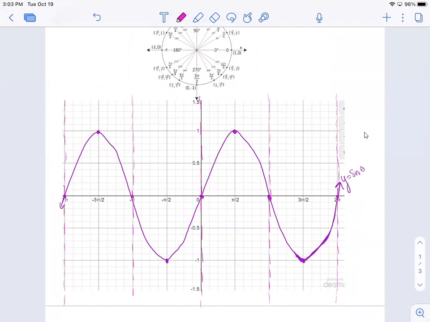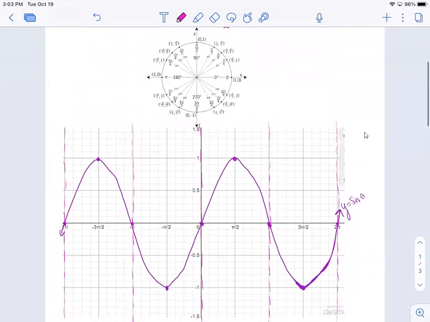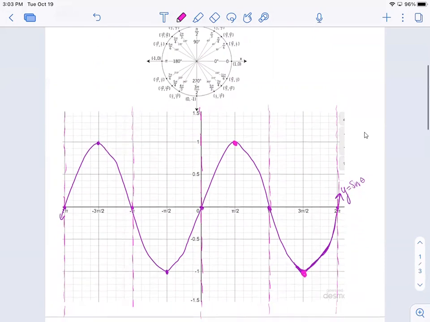When we put pi over 2 in, it still spit out 1, so this is a coordinate on my graph. We also found with our chart that this is a coordinate. We can do the other side: if you flip -1, you still get -1, so that's still a coordinate. And the reciprocal of 1 is also 1. So all those pink points are coordinates on my cosecant graph.